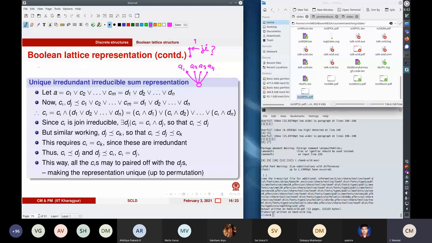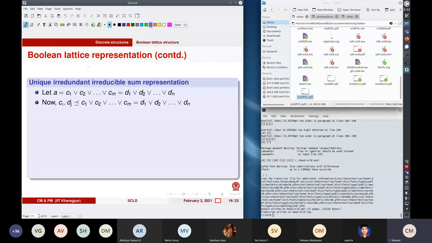So what is a Boolean lattice? First of all, it is bounded, it is complemented, and it has this maximum element.